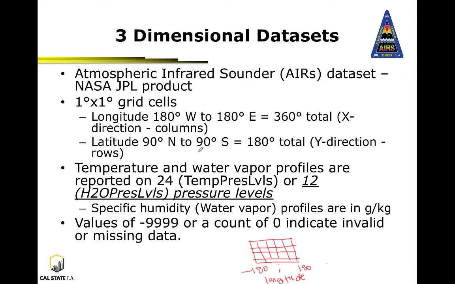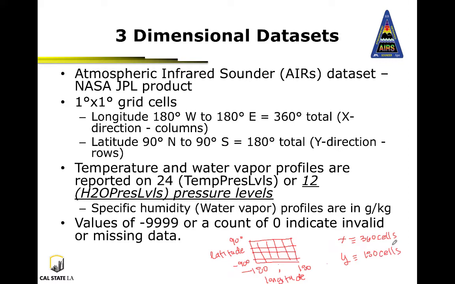The latitude is going from positive 90 degrees to negative 90 degrees, north-south, and this is your y-coordinate, which is latitude. It does say that here, but I just wanted to draw a picture so you could follow along. Since everything is 1 degree by 1 degree, you're going to have 360 cells in the x-axis, and 180 cells in the y-axis, just as an FYI.